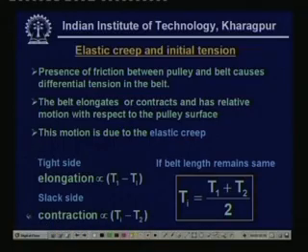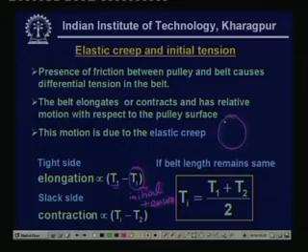Now, on the tight side, the elongation of the belt is somewhat proportional to T1 minus Ti. What is Ti? This is called the initial tension. What is initial tension? If there is a belt drive, then this is the belt.